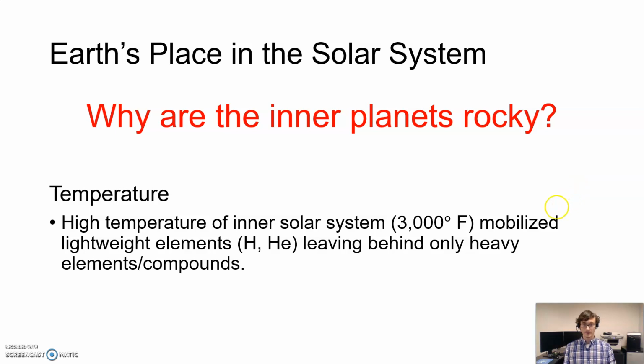So, first thing is because of the temperature. The high temperature of the inner solar system means that the light stuff, especially your hydrogen and helium, your escape artists essentially, would have been so hot that they could not stick to these planets.